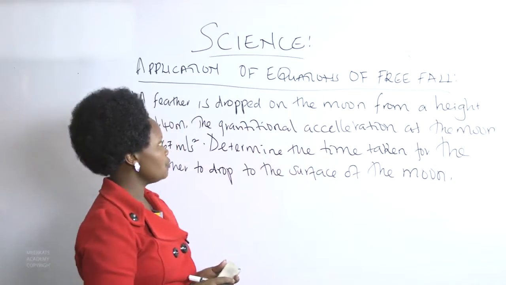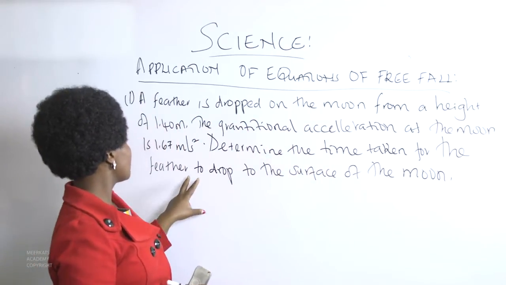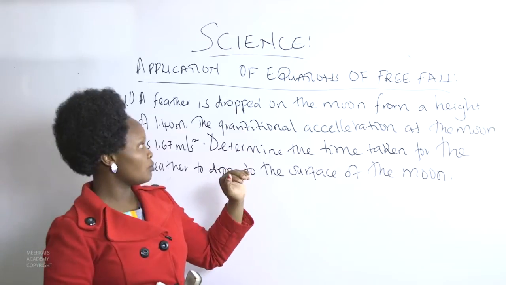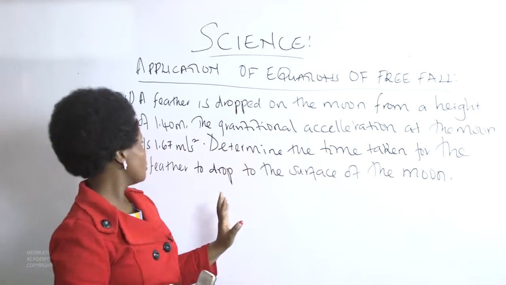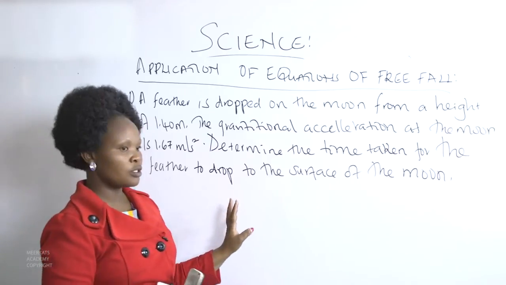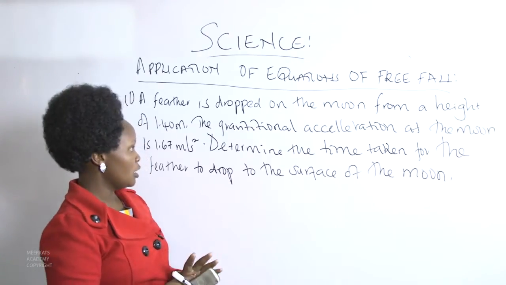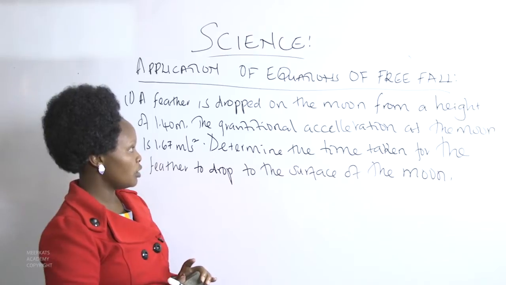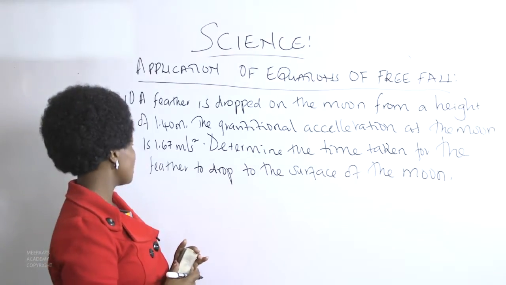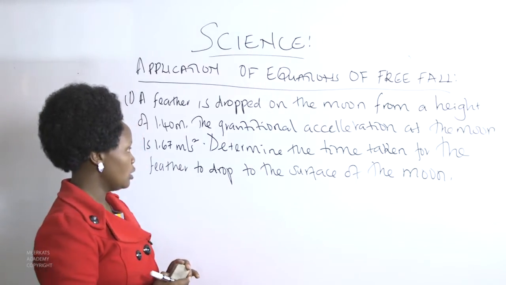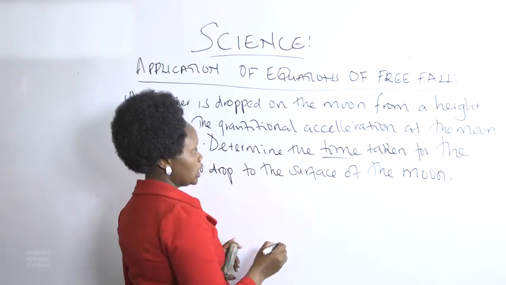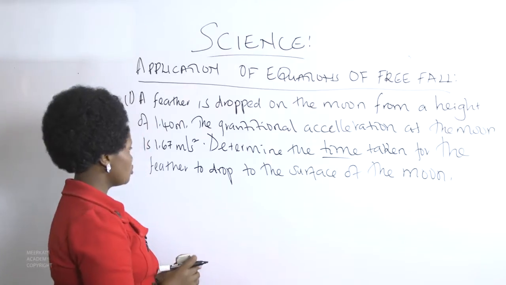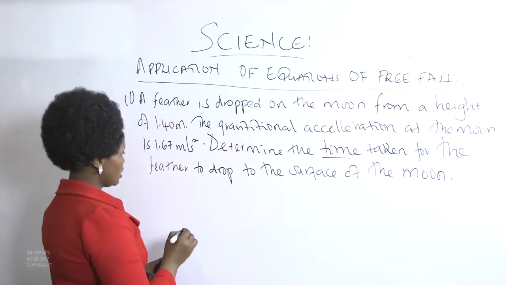Now, the question reads, a feather is dropped on the surface of the moon from a height of 1.40 meters. If the gravitational acceleration at the moon is 1.67, we are supposed to determine the time taken for the feather to drop to the surface.